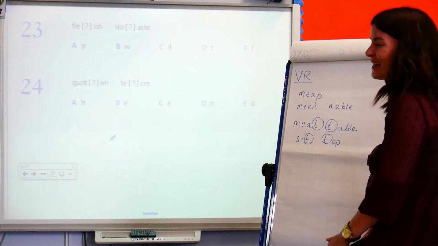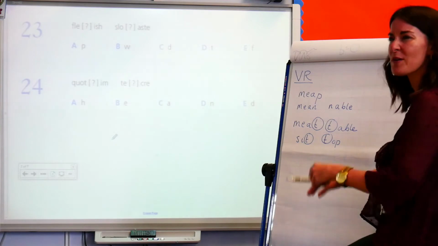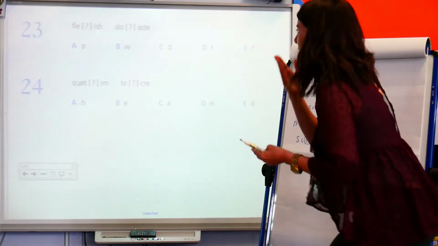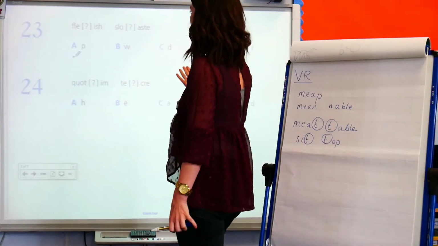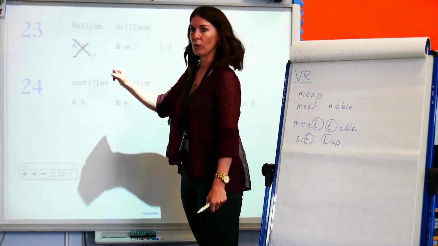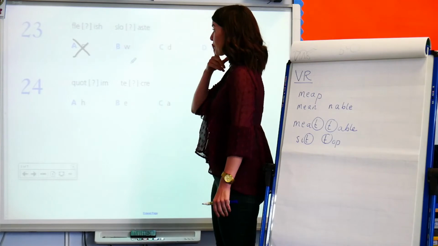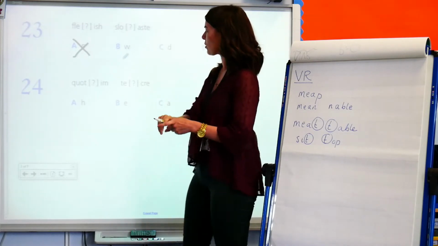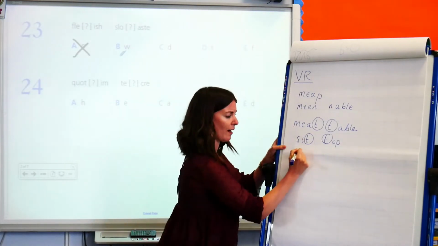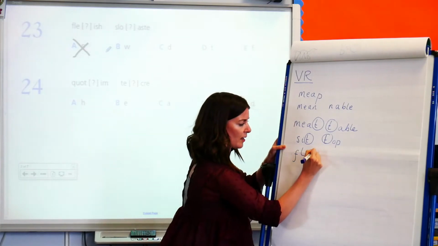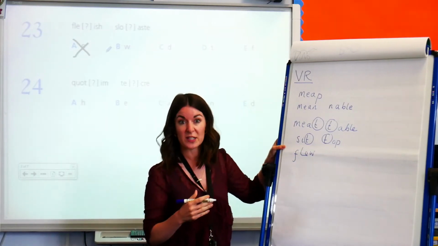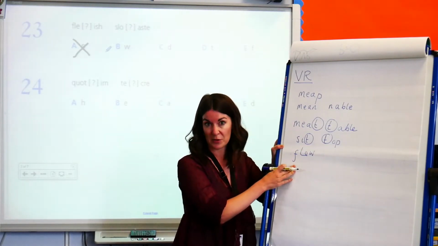Okay, so again, let's use our common sense and think, what can we rule out straight away? Well, I can rule out P straight away because fleep or pish, not a word. So I next move on, and I've got W, and I'm thinking, oh wow, that looks like a word. And if you're not sure if it's a word, write it down, because sometimes that helps.